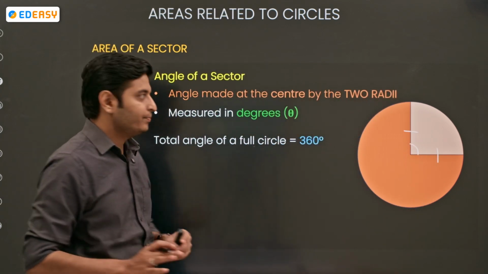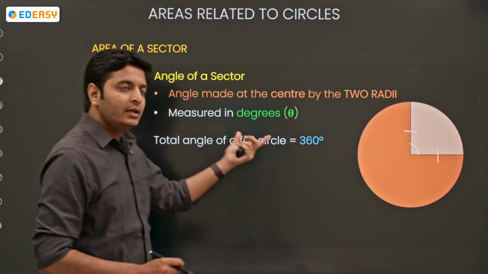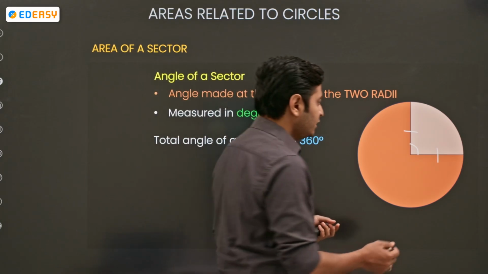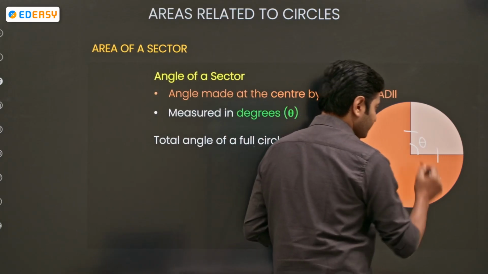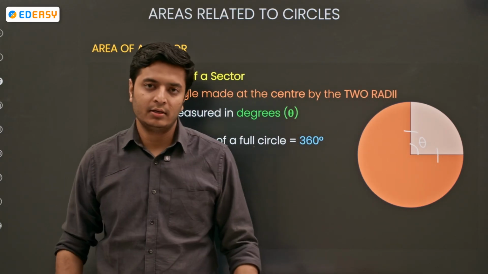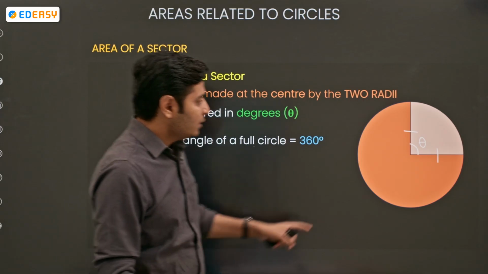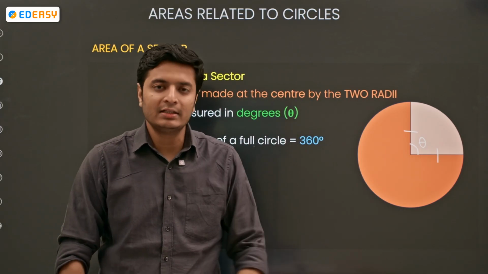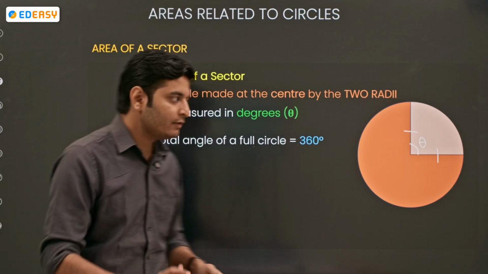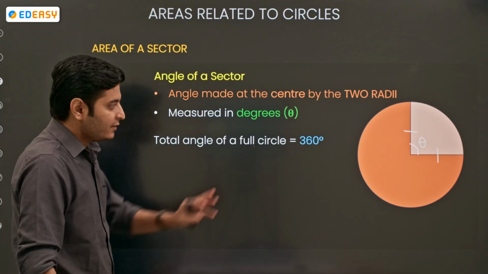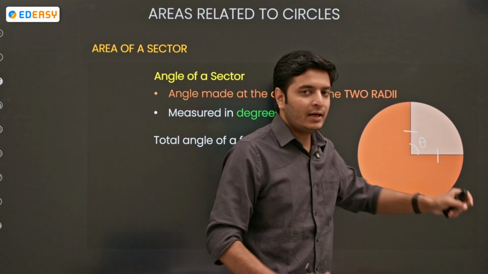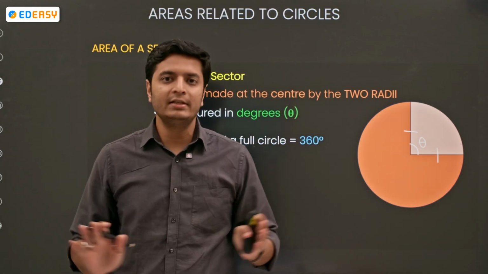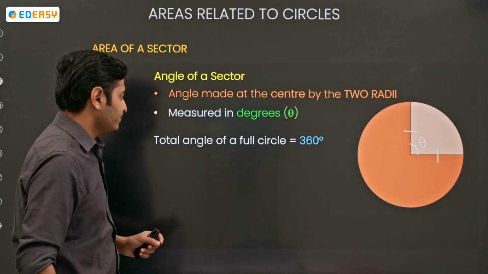It can be any value, measured in degrees, and usually we call it theta, another Greek letter. If the value of theta and the radius are given, you can easily find the area of the sector. I will explain how, but understand this.